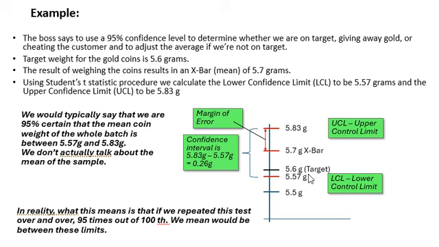We would typically say that we are 95% certain that the mean coin weight of the whole batch is going to be between those two limits. In reality, what this means is that if we repeat this test over and over, about 90 out of 100 times the mean will be between these limits.